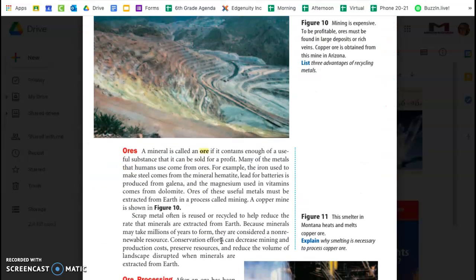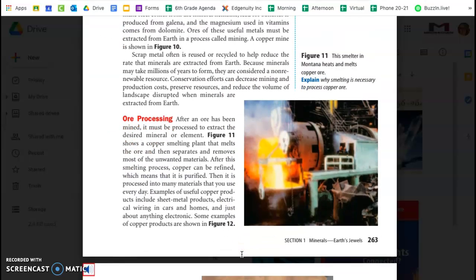But then they say the majority of the minerals that we use aren't going to be the high-end cut and polished gemstones, but they're going to be ores that we mine out of the rocks. So we take the rocks and we are able to mine them, and then we can even go through a process where we take them apart and get specific minerals.